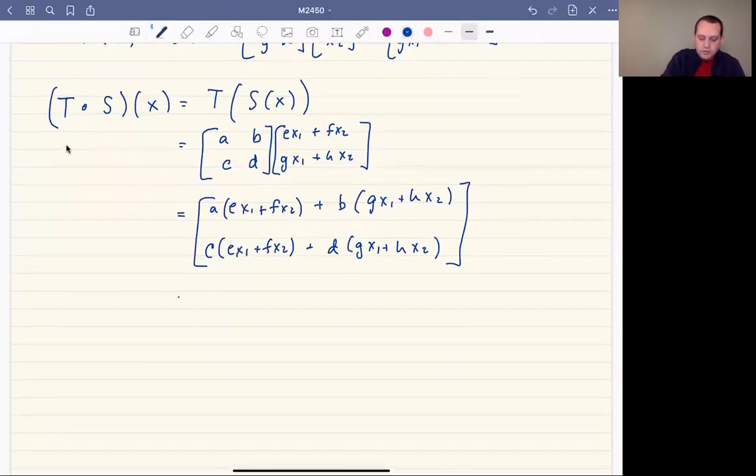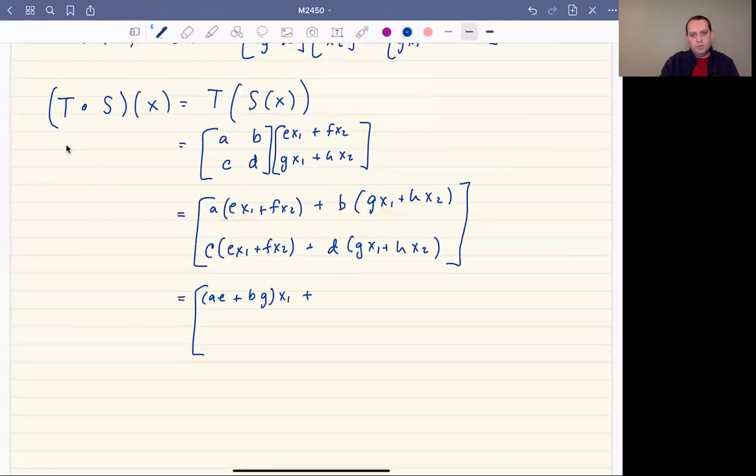And what we can do is think about distributing the A, B, C, and D, collecting all of our terms. And the way that I want to group this is I want to think about this in terms of some constant times x1 plus another constant times x2. So I'm going to write this as AE. So I'm going to look for the x1 terms. So we have AEx1 plus BGx1.